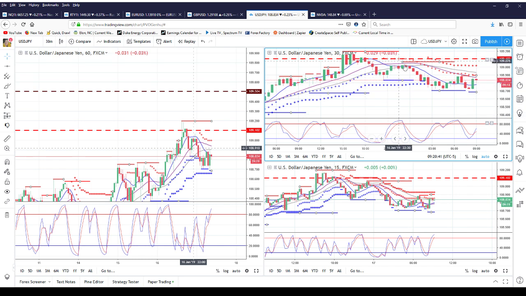These lines simply tell me where the support and resistance are based on pivot highs and pivot lows.